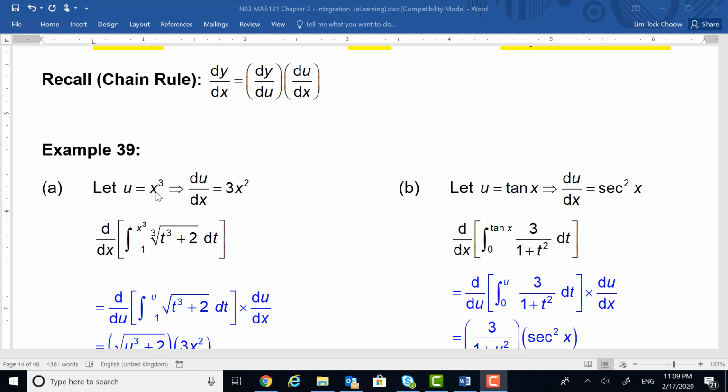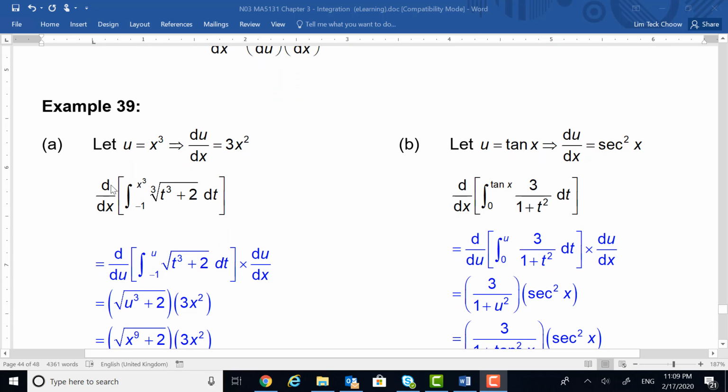You let u be x cubed. So then du/dx is 3x squared. How do you apply the chain rule? d/dx is now changed to d/du times du/dx. So now the x cubed is replaced by u. And now this expression looks like what we have in the theorem.